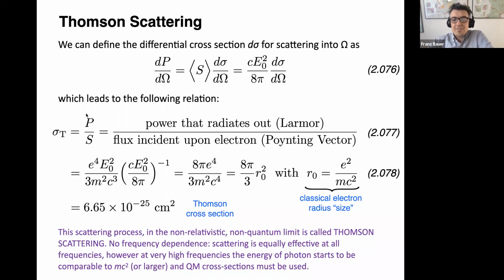So we have this plugged in, and our cross-section ends up being equal to these two, and it equals this messy thing, or just this, where this is now the classical electron radius, which is just the charge squared divided by mc squared, the mass of the electron. And so this, we calculated out, is the Thomson cross-section.